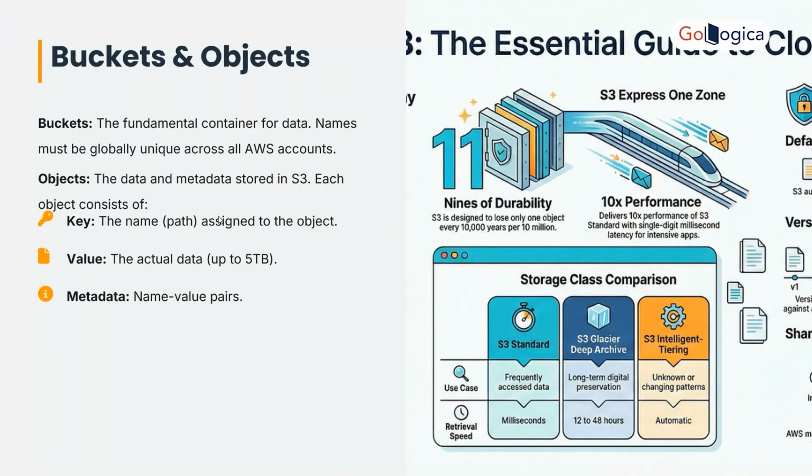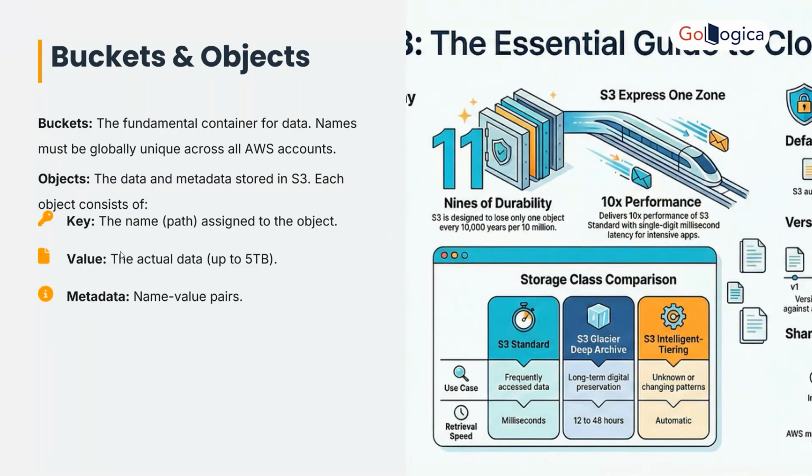Generally, the file name is the key. Then the value is the actual data that we are uploading. So it is stored in a key-value pair: the key is the name and the value is the object. Whenever we need to access that object, we use the key.